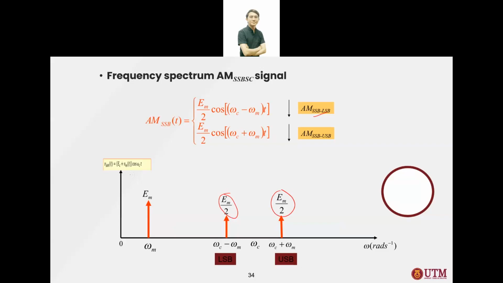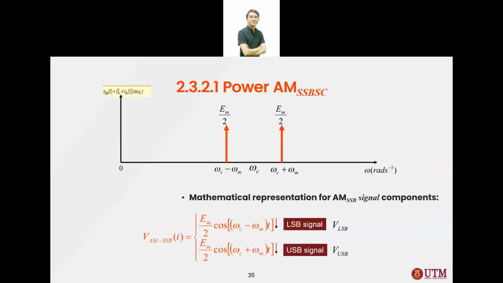So this one is amplitude V. This is EM over 2, not yet power, but when you calculate power, you need to consider RMS. Make sure you also label this properly. Sometimes the Perdana students lose marks because their answer is wrong and at the same time they didn't label, so they lose marks.